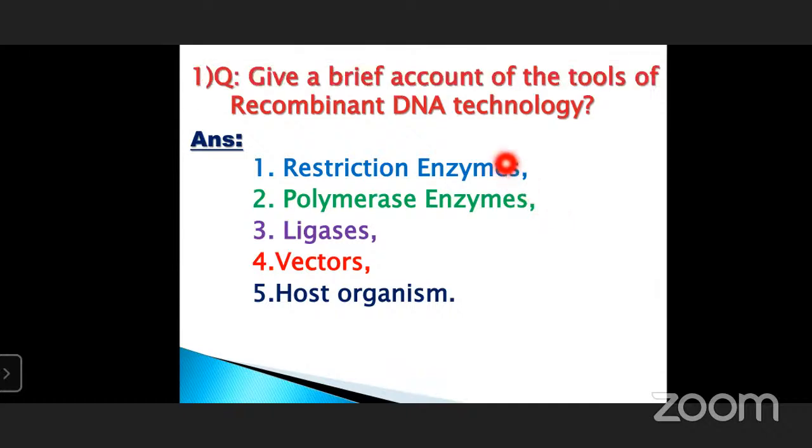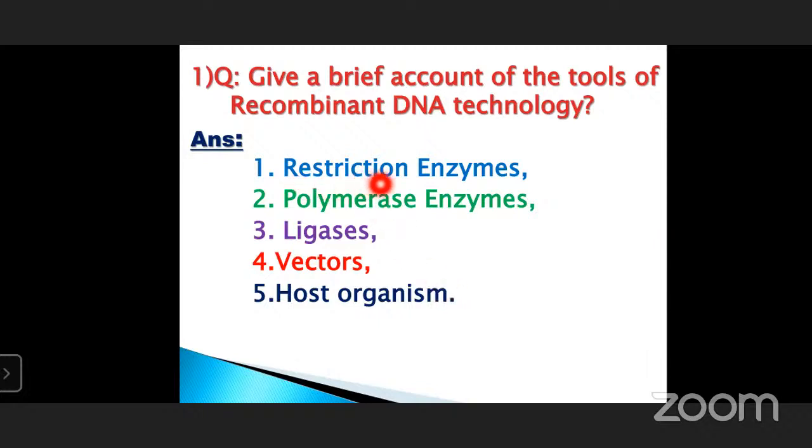The major tools of rDNA technology: the first tool is restriction enzymes, the second is polymerase enzymes, the third is ligases, the fourth is vectors, and the fifth is the host organism, or the competency or acceptancy of the host organism.